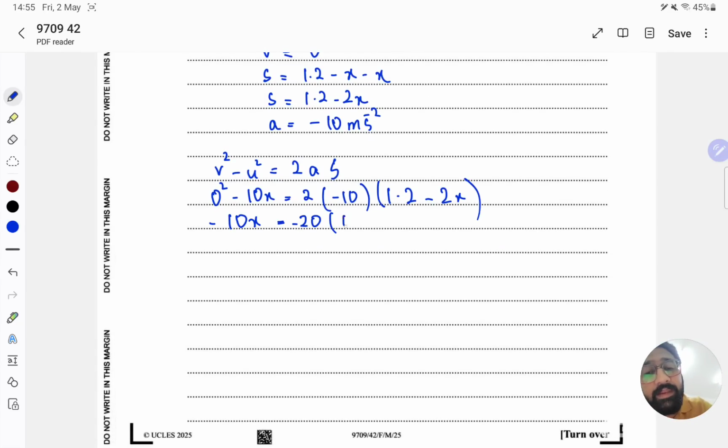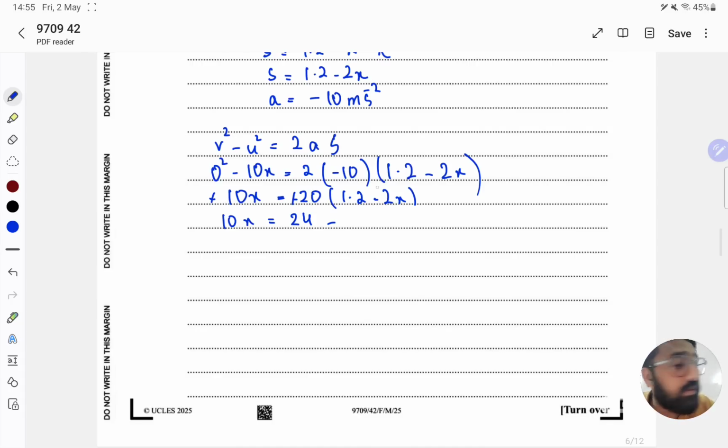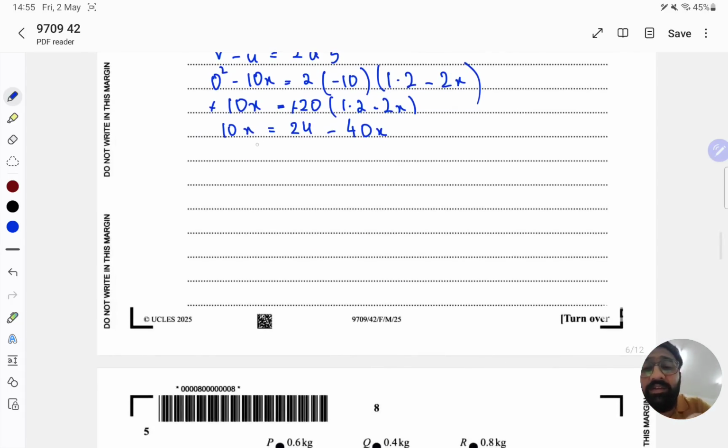So it will be minus 10x equals minus 20 bracket 1.2 minus 2x. Simplifying, 10x will be equal to 20 times 1.2, which is 24, minus 20 times 2x, which is 40x. If I take it to the other side, it will be 50x equals 24.